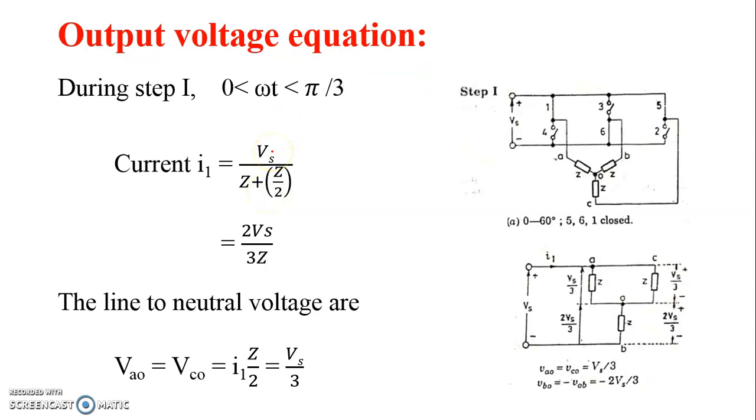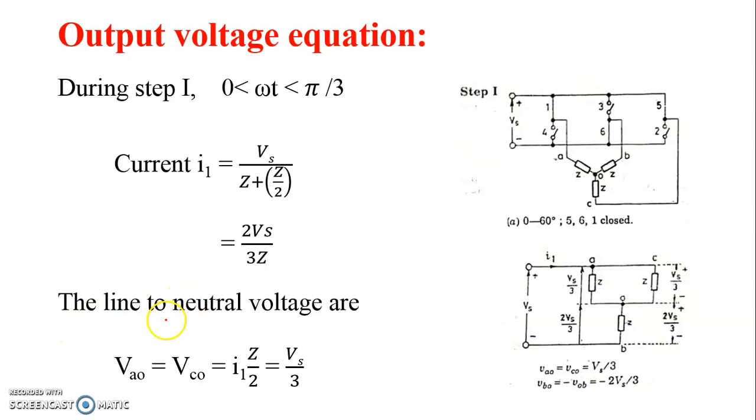So Vs is the supply voltage, and Z, and these two are connected in parallel. So we take this as Z by 2. After simplifying this, we get 2 Vs by 3 Z.